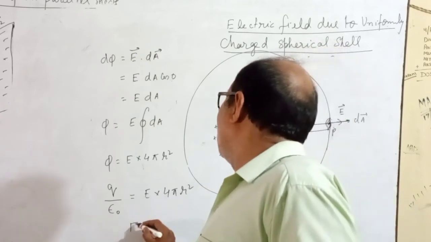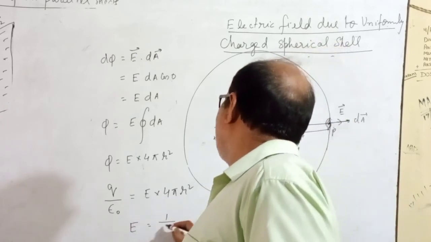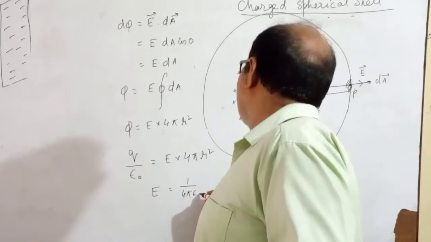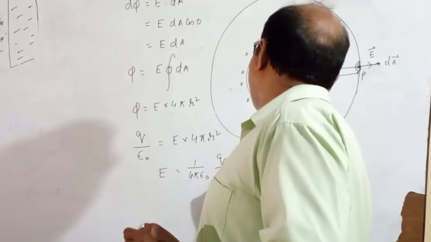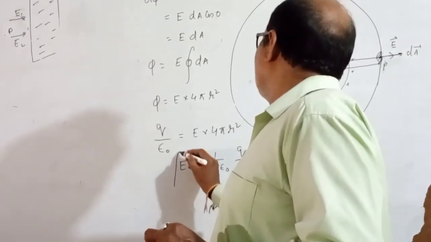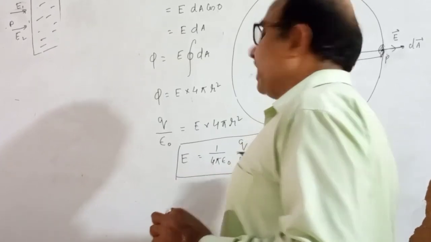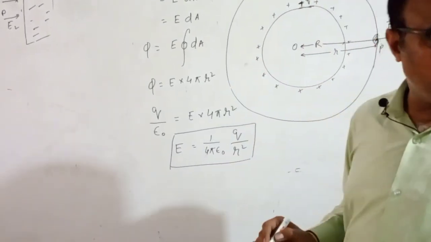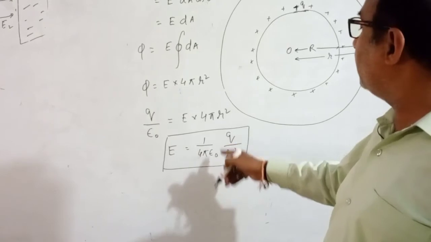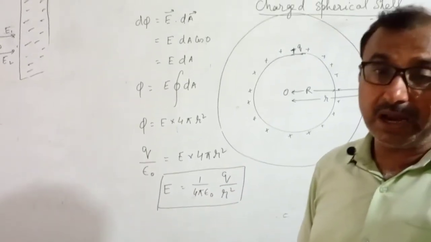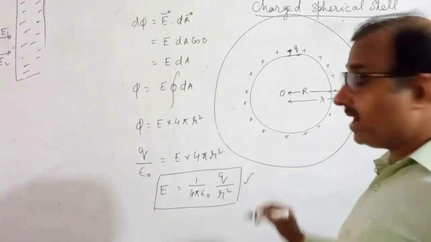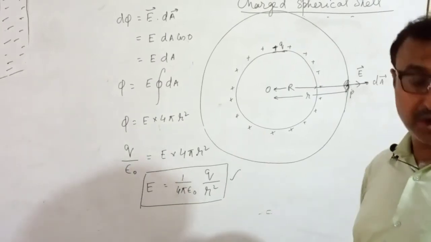So E equals 1 upon 4 pi epsilon naught Q upon r square. This is your formula for intensity of electric field.